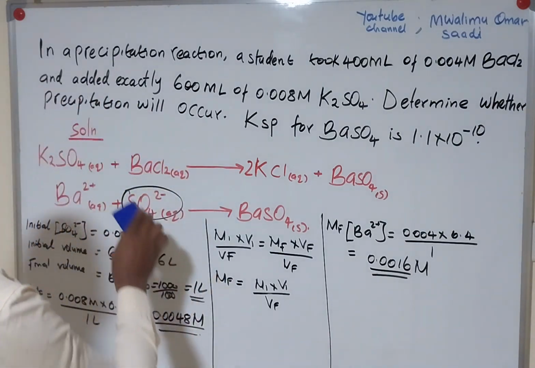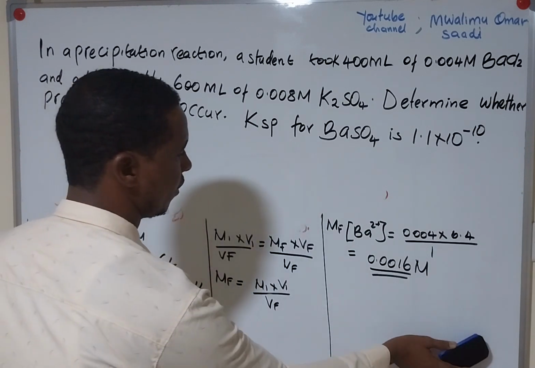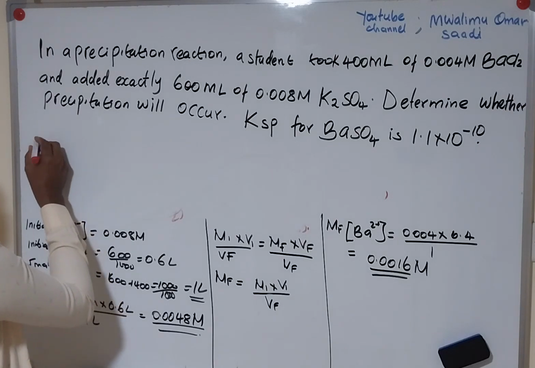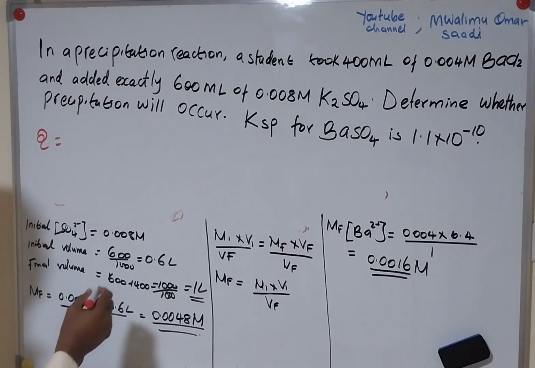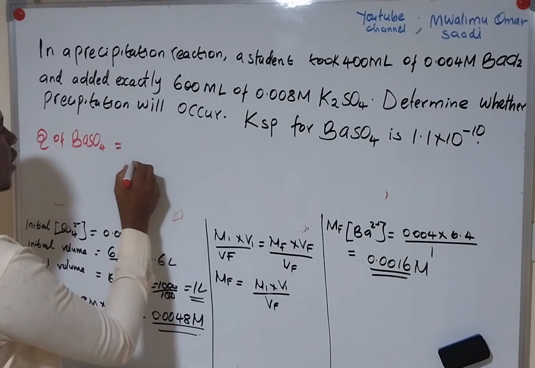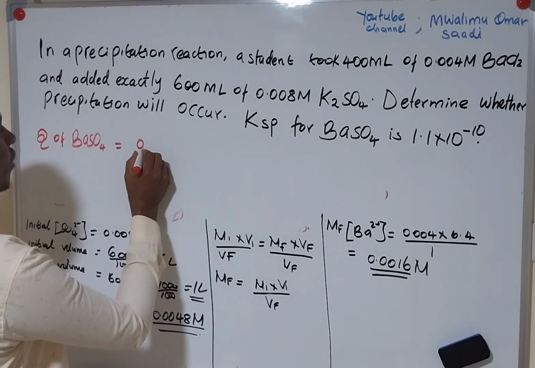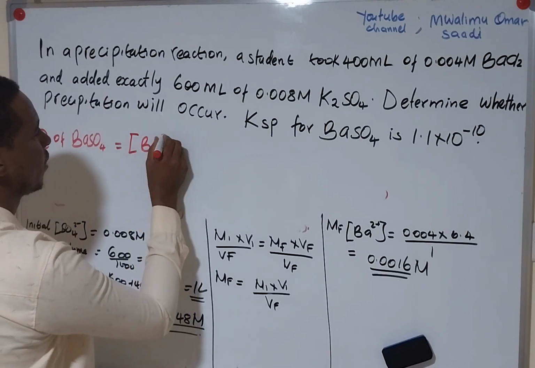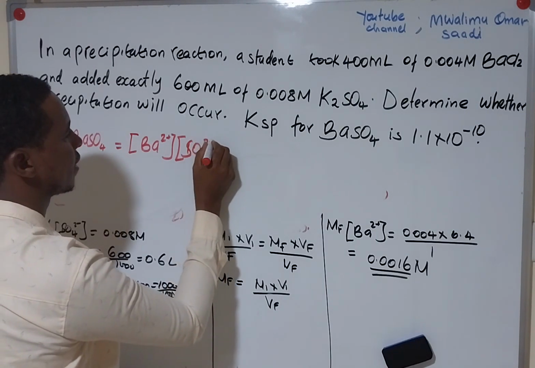So the ionic product of barium sulfate, that is Q, is equal to the molar concentration of barium ion times the molar concentration of sulfate ion.